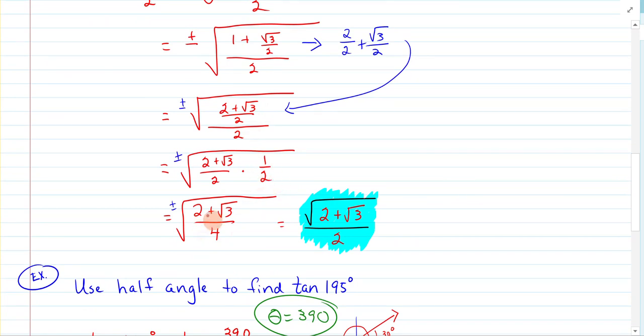And so then we have 2 plus the square root of 3 over 4. Well, the 4 is a perfect square, so it can come out, and we have 2. So your final answer would be square root of 2 plus the square root of 3, all of that under the radical, over 2. So you're going to have answers that look like that in your homework.